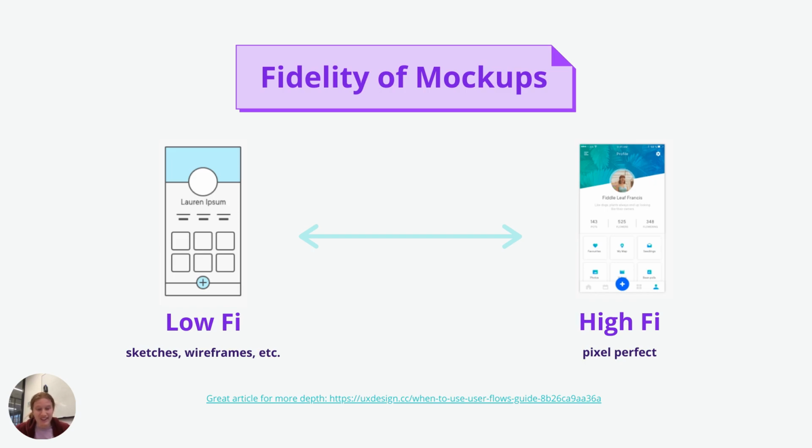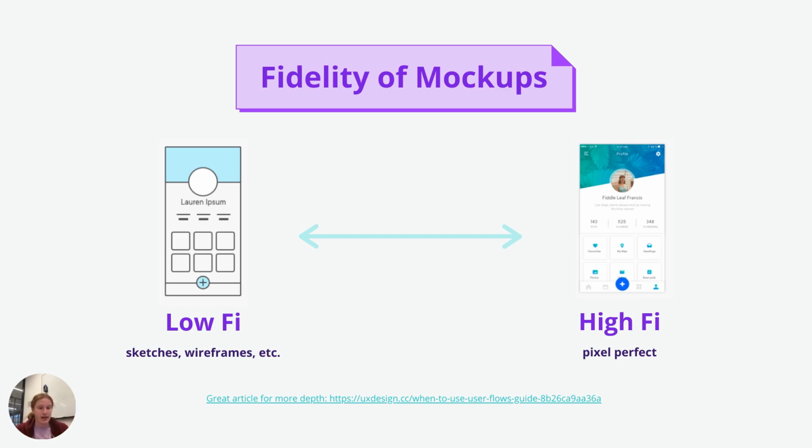So I think lo-fi mockups often, as a front-ender, if you're familiar with CSS and HTML, it's often easier to go straight from a lo-fi mockup to building an app than it is to go through a hi-fi mockup. But if you're working on a team with another designer, it might not actually be your responsibility to decide all of the details of how we go from the lo-fi mockup to the hi-fi mockup.